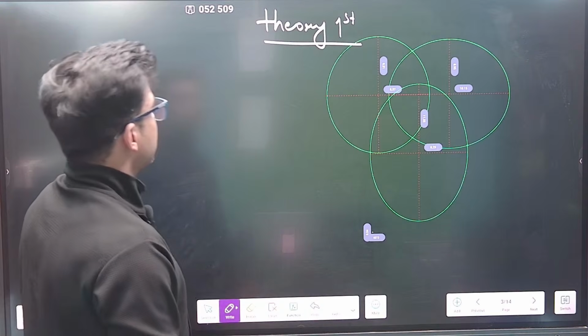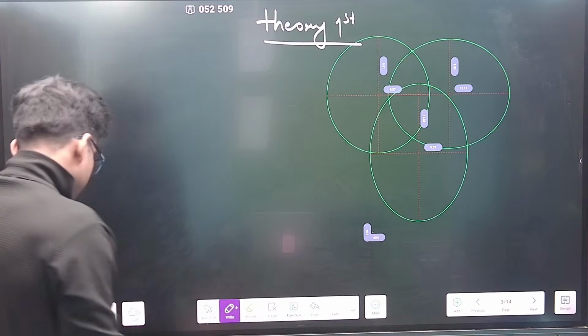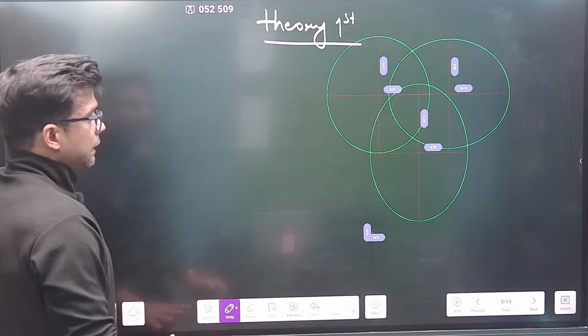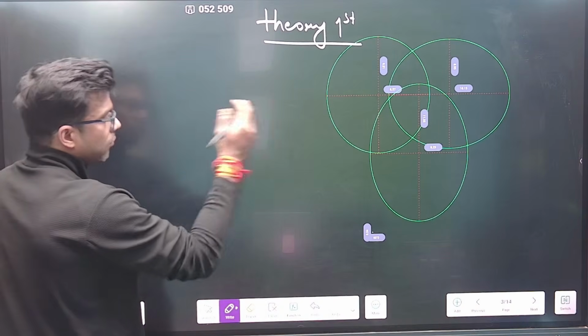So you need to understand what the theory is.